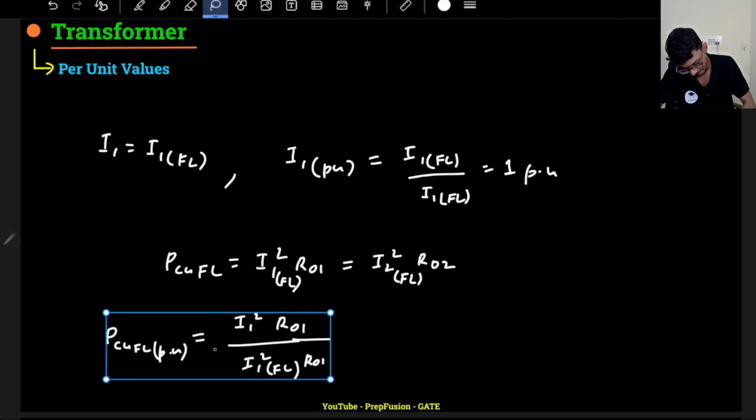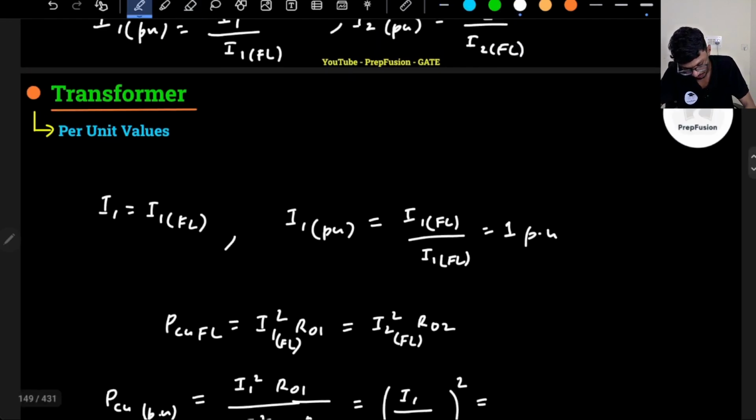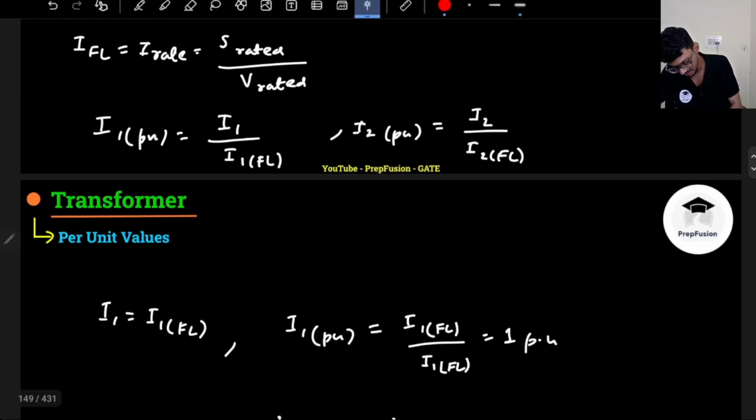So basically, not full load copper loss, my copper loss in per unit will be equal to I1 divided by I1 FL whole square, correct? So what is I1 by I1 FL? I1 by I1 FL is I1 pu.